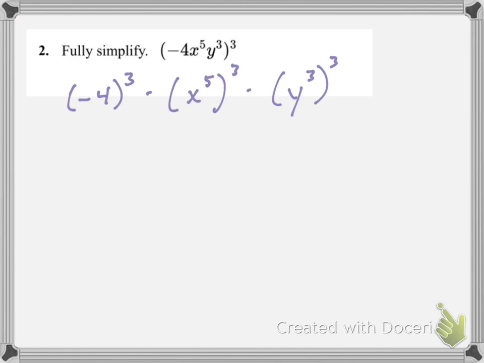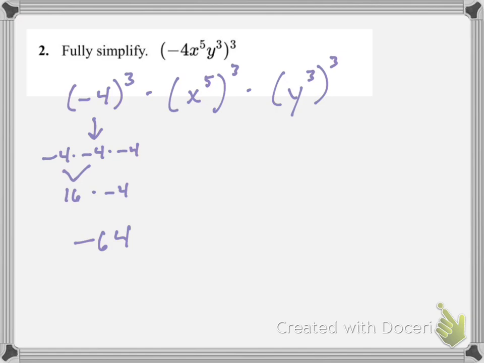Now, negative 4 to the 3rd is negative 4 times negative 4 times negative 4. So negative 4 times negative 4 is positive 16. Positive 16 times negative 4 is negative 64. So it is negative.